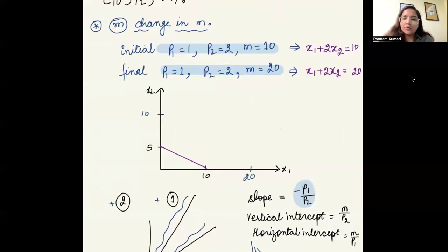Right? Now I'll join these 2 points and I will get my slope. So this is my slope. This doesn't look very good, so I will adjust it a little so that it looks the way it should. Okay.